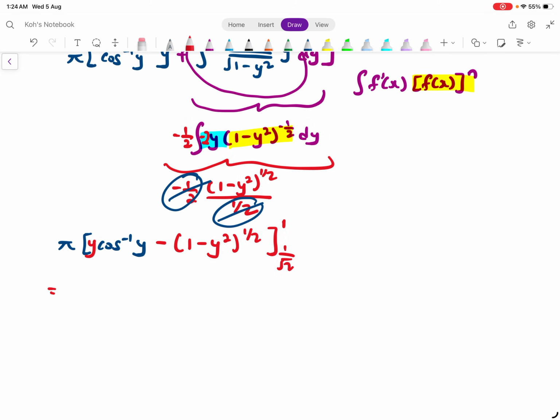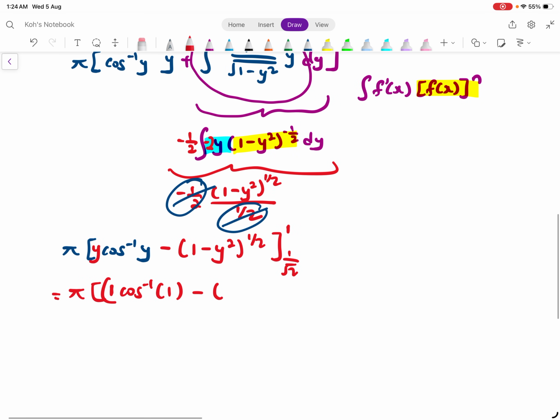So you sub in the upper limit first. If you sub in y to be 1, then cosine inverse 1, I think it's 0 if I'm not wrong. Yeah, it's 0. Then minus, you sub in 1 here, 1 minus 1 square, it's just 0 as well. So the whole thing is 0.